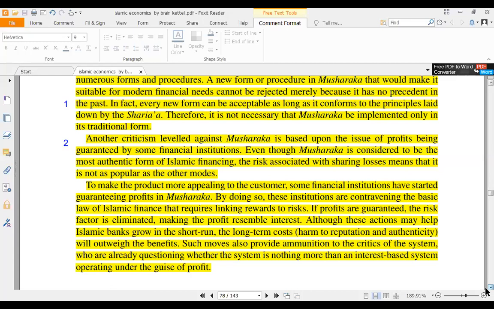Some financial institutions have started granting profits in Musharaka.